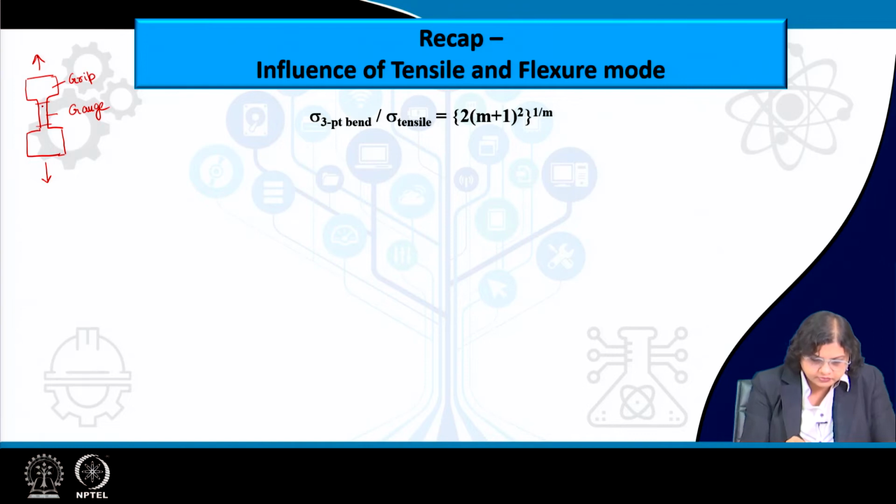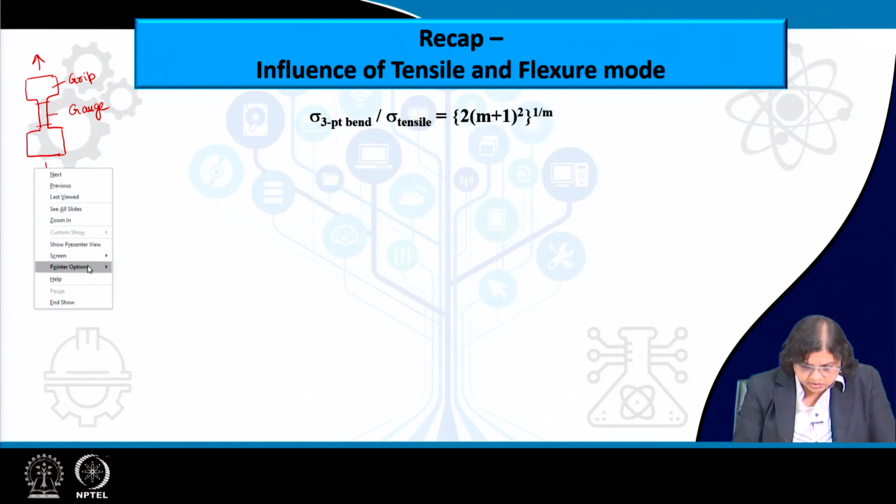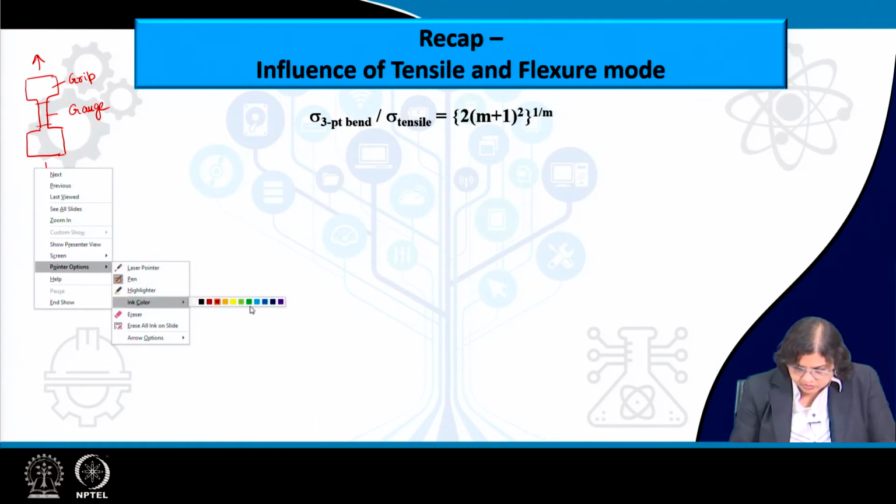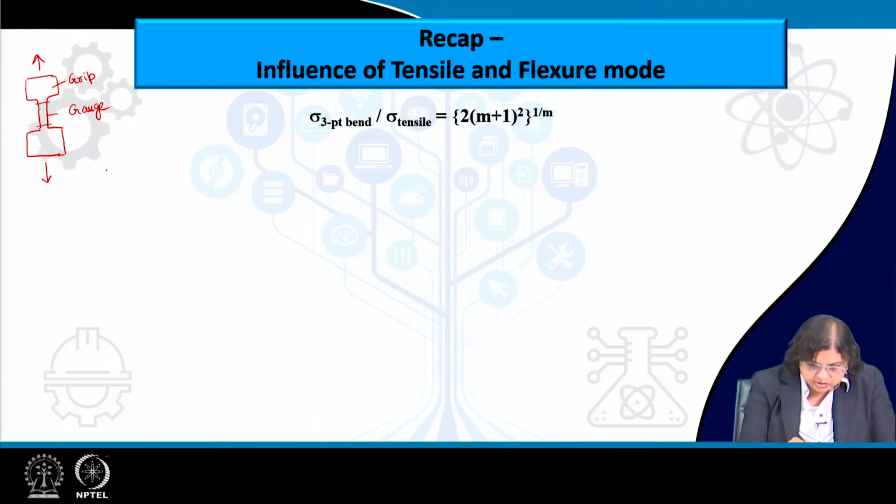So, okay, this entire part, just to make it a little bit more specific, let me color this with blue, and this is the part over which the maximum stress is being applied.